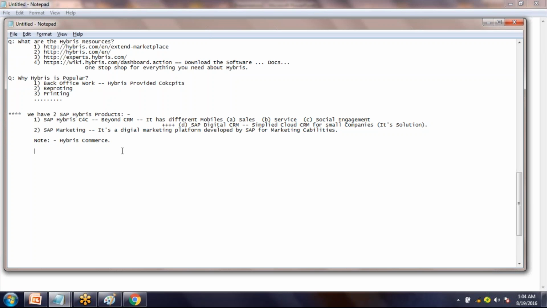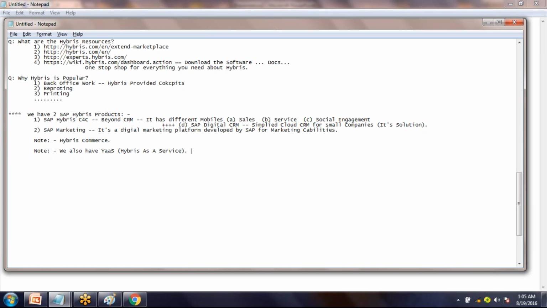And finally, I'll show you the architecture of Hybris. Another note is we also have Hybris YaaS, Hybris as a Service.